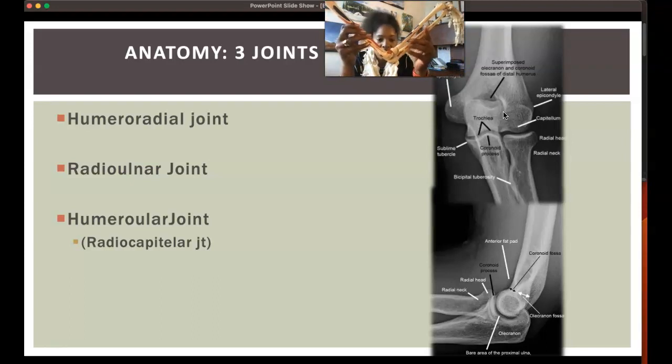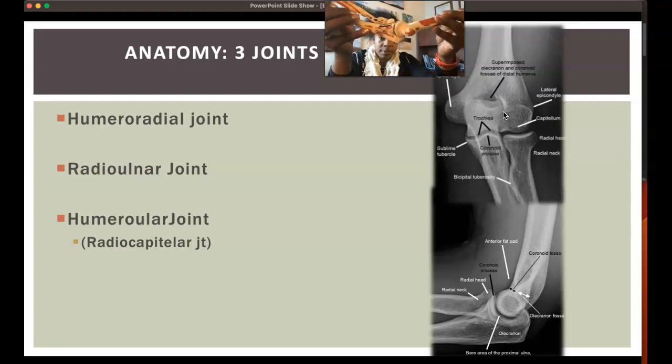And that flexion moment is going to happen at two different joints. First and foremost, at the humeral radial joint. We can see the radial head gliding over the capitulum, right? Also at the humeral ulnar joint, we can see the ulna gliding across the trochlea in the trochlear groove. And so we get flexion moments, right?